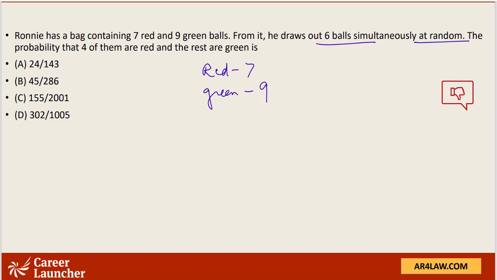Now conceptually this is very easy, because I wanted 4 balls out of the 7 red balls and 2 green balls out of the 9 green balls. So this would have been my favorable cases divided by the total cases 16C6.